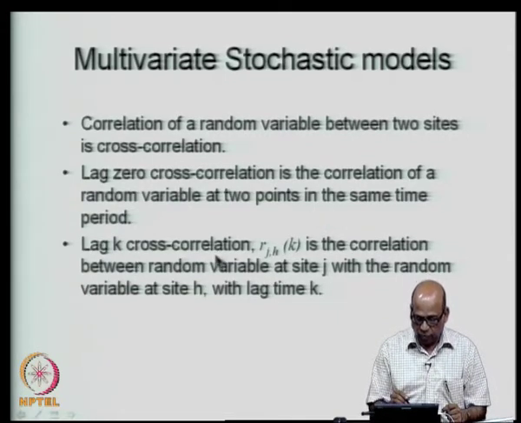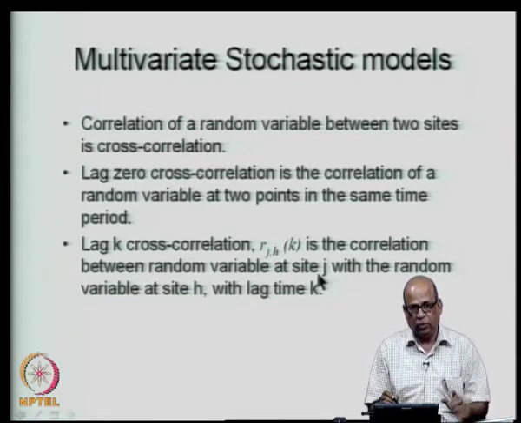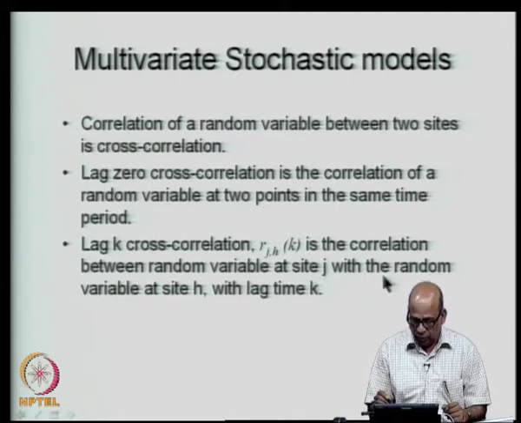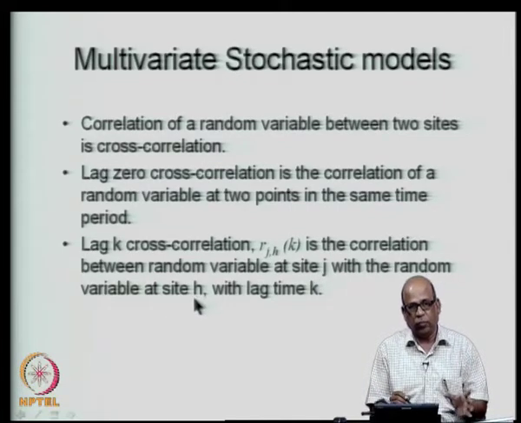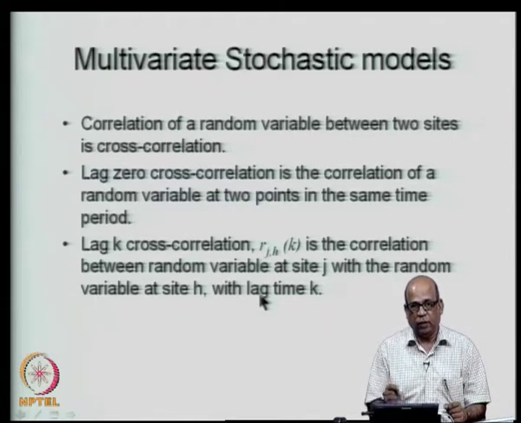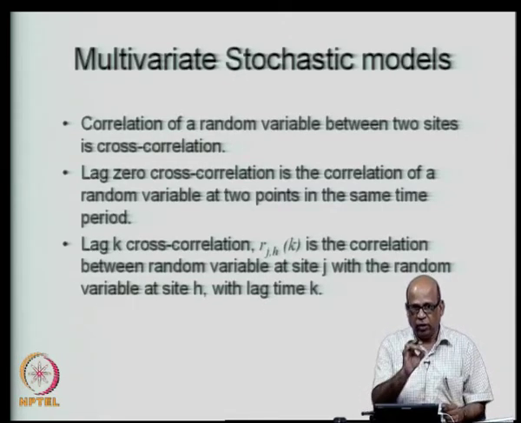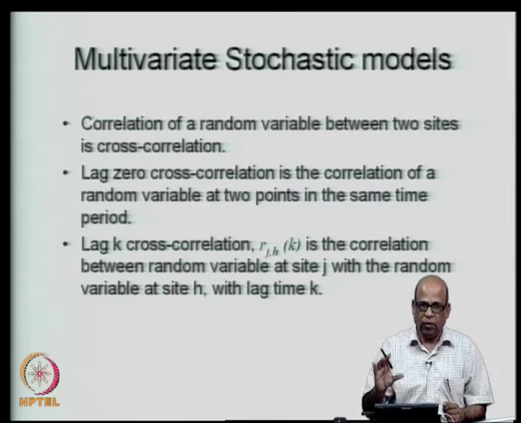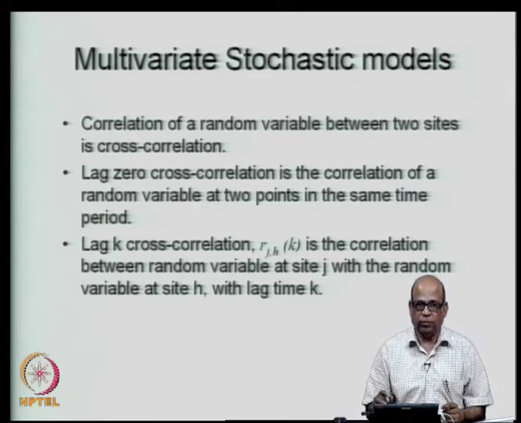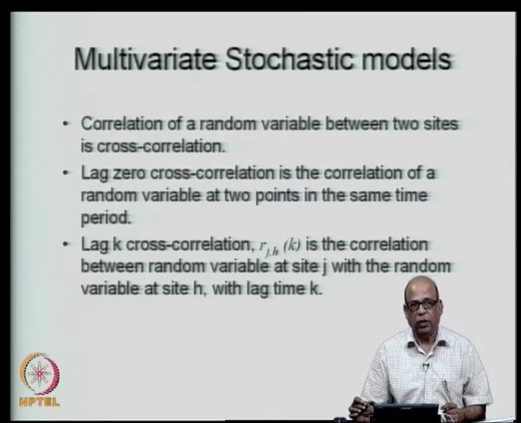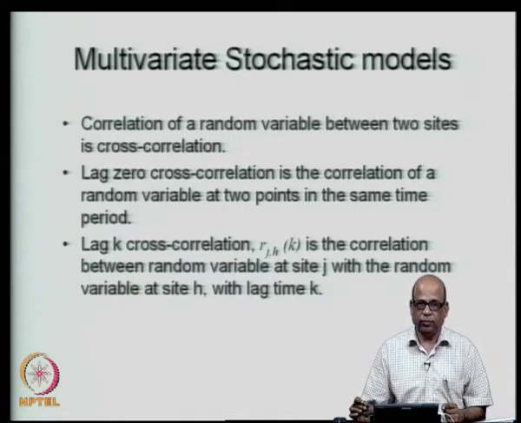So, lag k cross correlation is the correlation between the random variable at site j, the flow at site j, with the random variable at site h, which is the flow at site h, with lag time k. And as I mentioned, you have time series on site j and site h, you lag it by k time periods and then compute the cross correlation. That is what is called the lag k cross correlation.